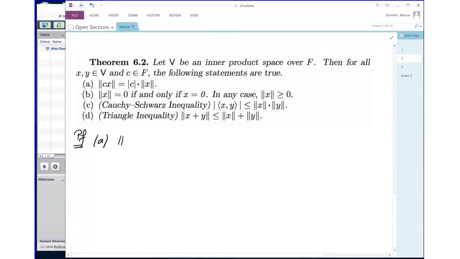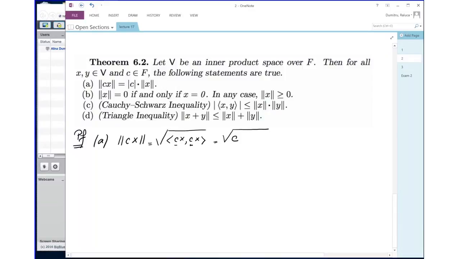So let's see. If I want to find the norm of a scalar times a vector, I know that's the square root of the inner product between Cx and Cx, by definition. And now I'm going to start pulling scalars out of the inner product. This C from the first entry goes out as C, right?